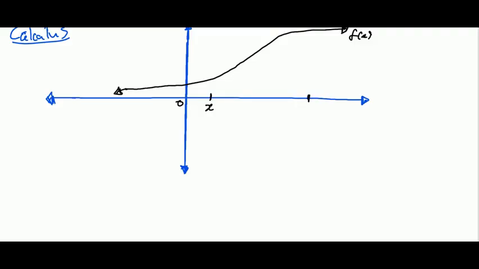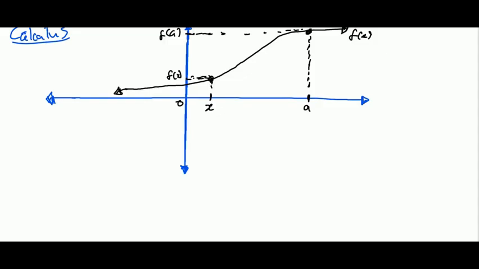And the distance from the origin up to here is a. That means our y values will be what? Go straight. We touch here. Go straight, go straight, go straight. That means our y value here is f of a. Then our y value here will be f of x.